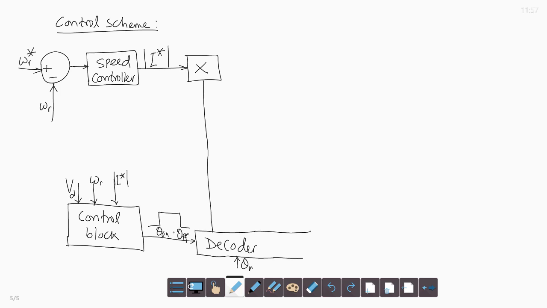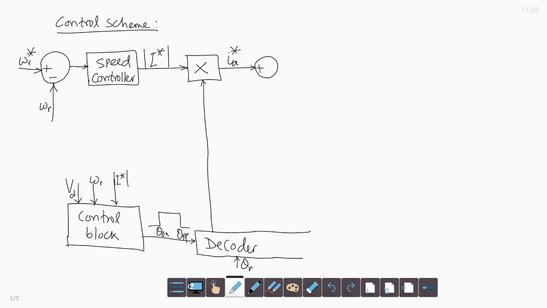That means, this is the pulse to be provided to the decoder, and decoder gives a signal to the corresponding phase, and after multiplication of reference current, it generates the reference current for phase A, IA star.